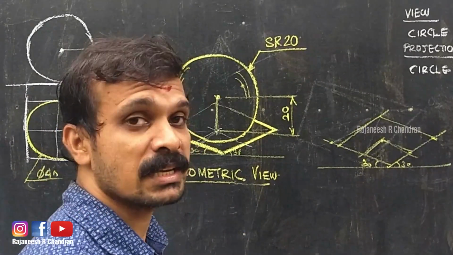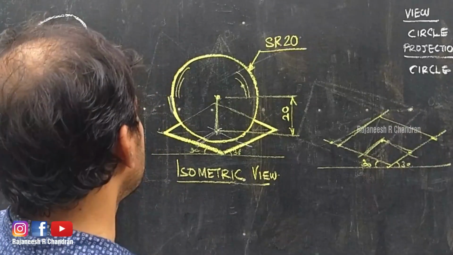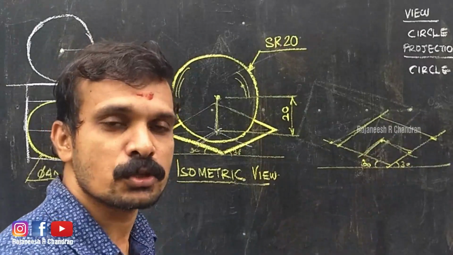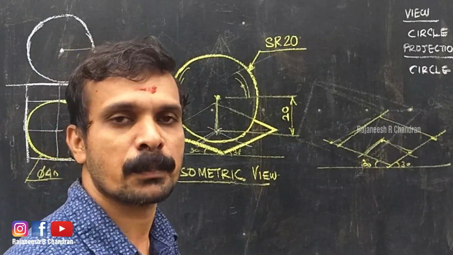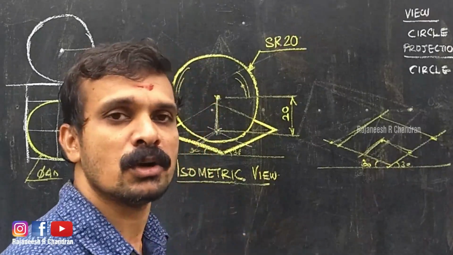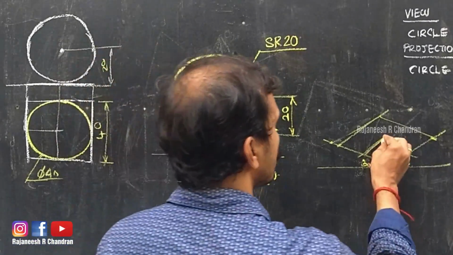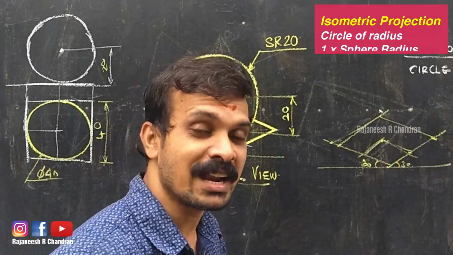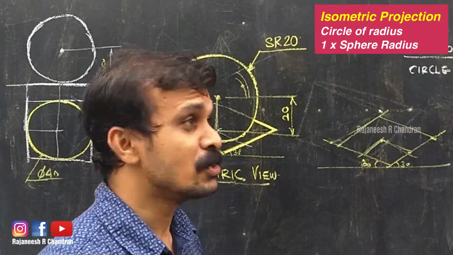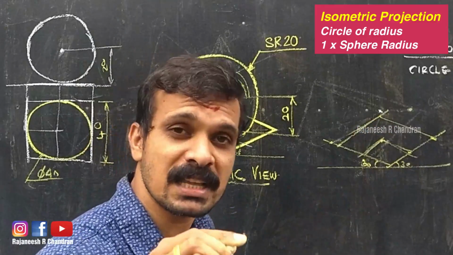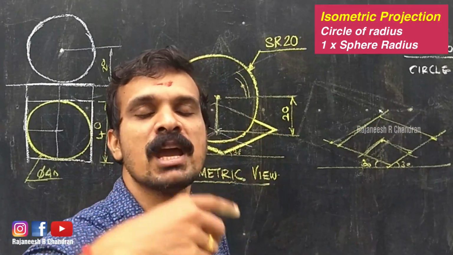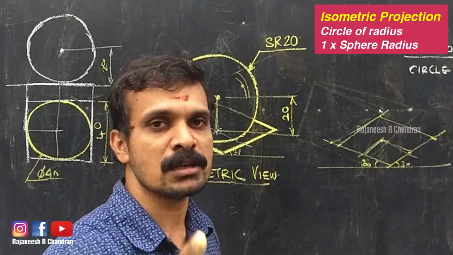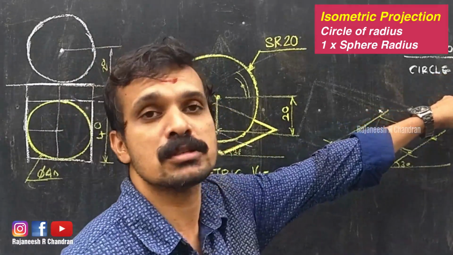Now once you obtain the center, we know that the center of the circle will be at a height of 20 from this point. Since we are constructing isometric projection, multiply that 20 also with 0.816, so that you will get a center point here. Now listen, we have obtained the center of the circle, so we have to draw a circle, and remember that the radius of the circle should be 1 into sphere radius.